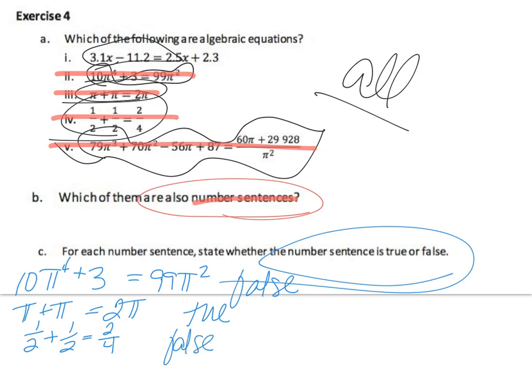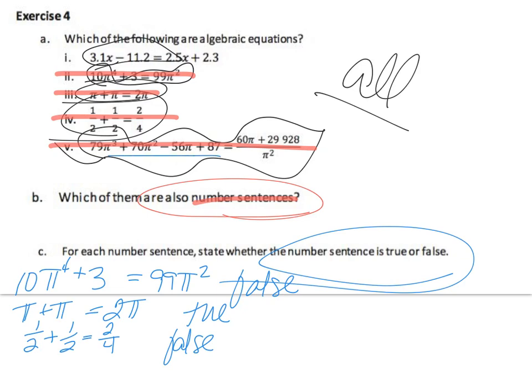1/2 plus 1/2 equals 2/2, which is 1, a whole number. Okay, so that is false. The last one. 79 pi cubed plus 70 pi squared minus 56 pi plus 87 is equal to that mess. Okay, that is just plain old false.